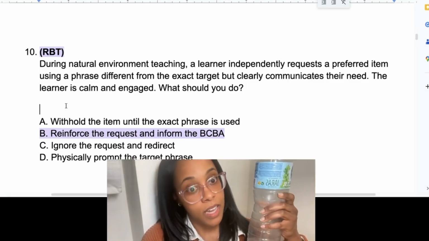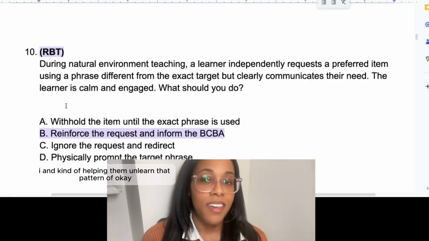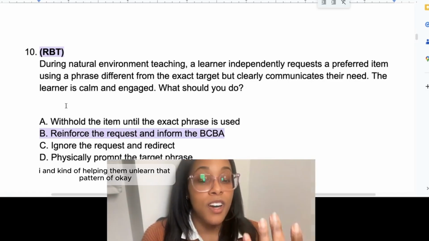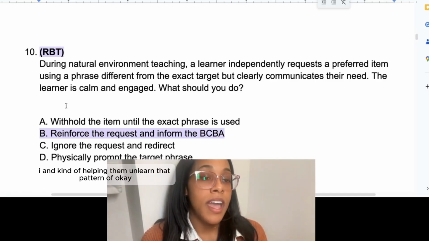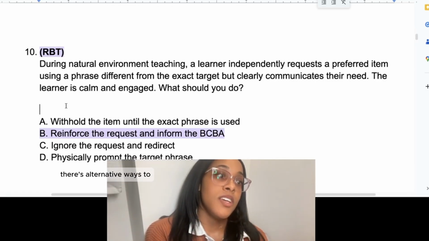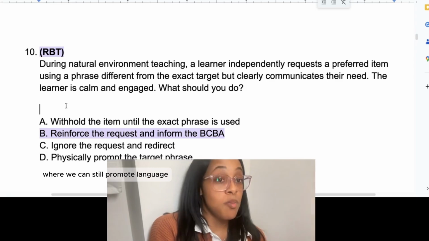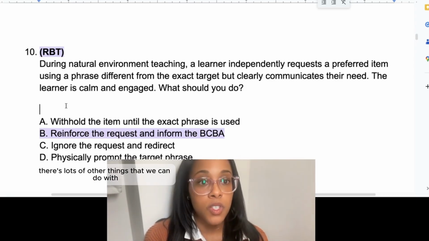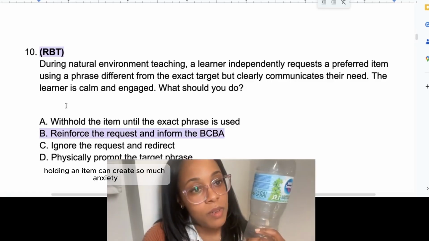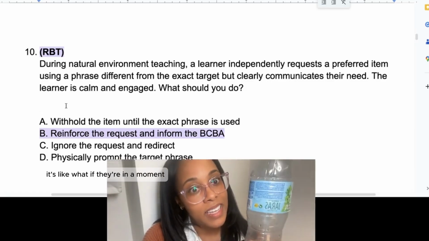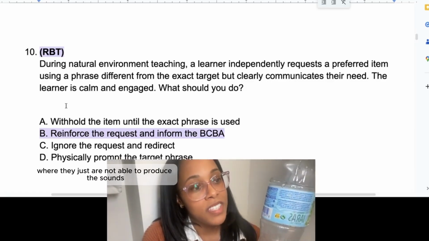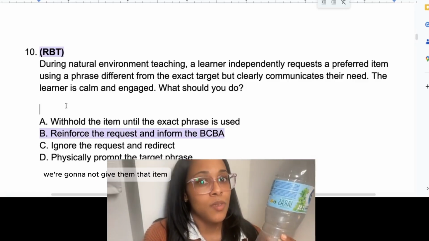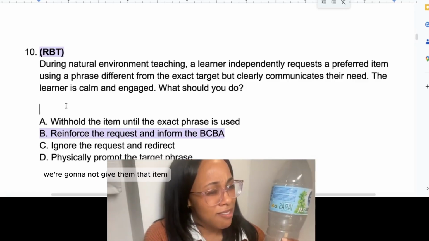Say cars. And helping them unlearn that pattern, because there are alternative ways where we can still promote language. We can model. There's lots of other things that we can do. Withholding an item can create so much anxiety. What if they're in a moment where they just are not able to produce the sounds? We're going to not give them that item?